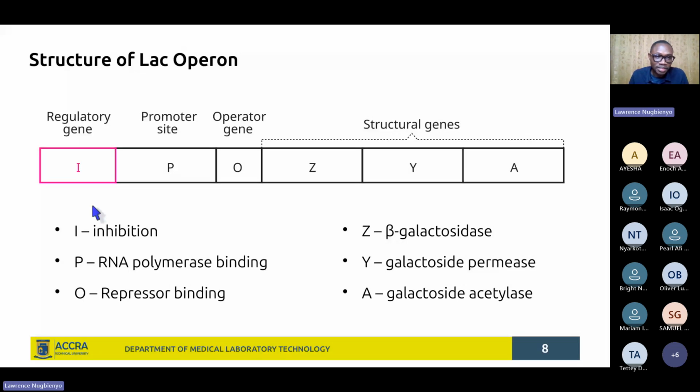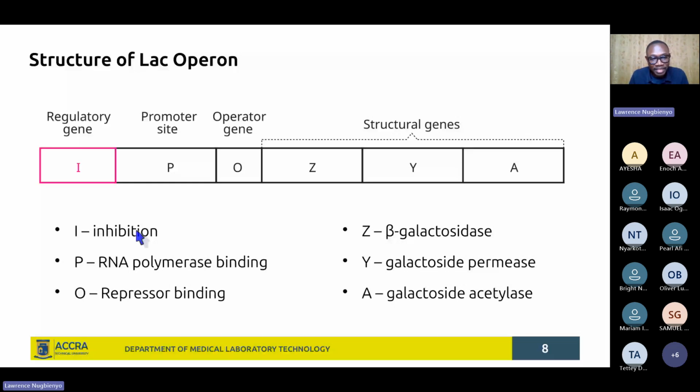For instance, the structure of the Lac Operon has a regulatory region labeled I, in red. And that I is for inhibition. So that is for the control or the regulation of the gene.